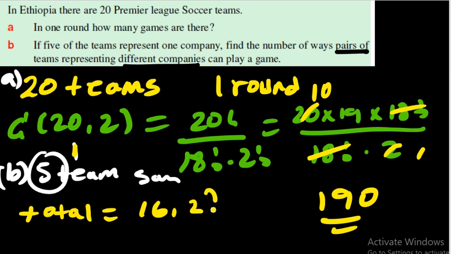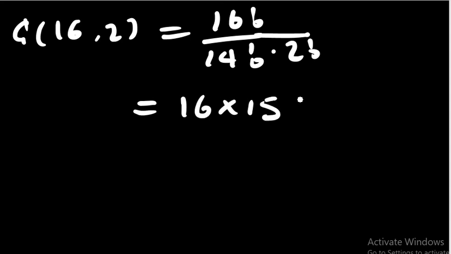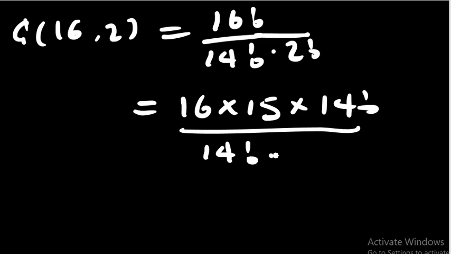So combining with 2, this is the way of selection again. 16 combination 2. So let us finish it. It's going to be the combination of 16 to 2. So this is going to be 16 factorial over 16 minus 2, which is 14 factorial, times 2 factorial, which is 16 times 15 times 14 factorial, the whole over 14 factorial times 2.